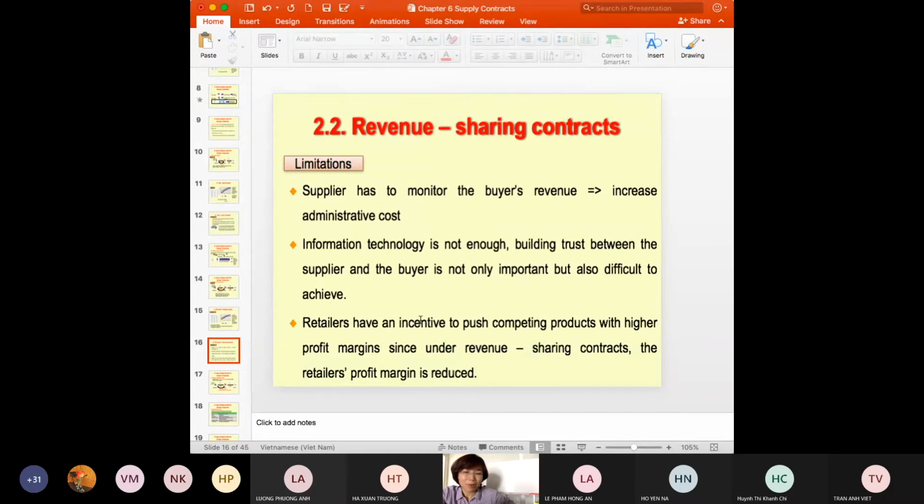So, the same example with Samsung and Apple. If Samsung has a side contract, revenue sharing with that retailer, but Apple doesn't, the retailer will try to push and sell the Apple product because they don't share the revenue.